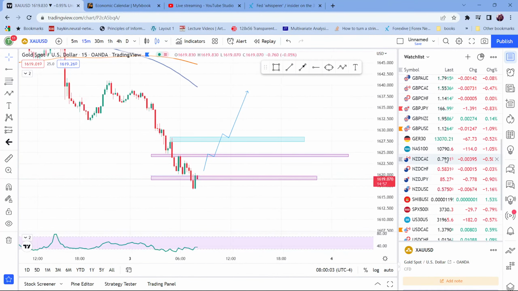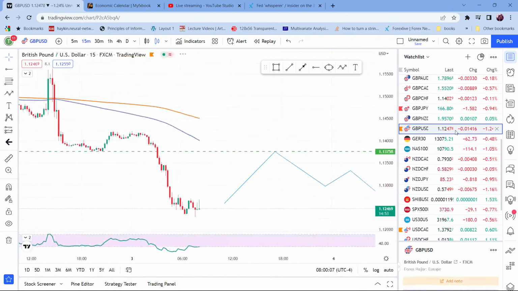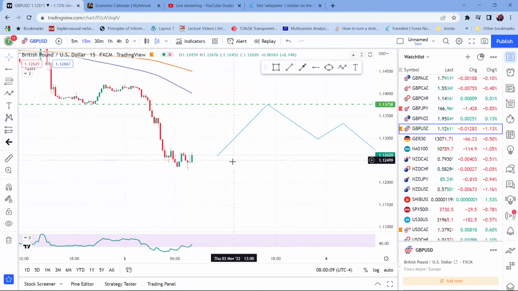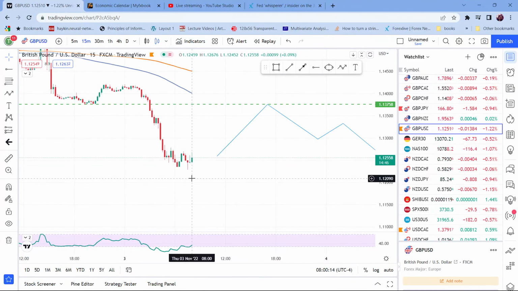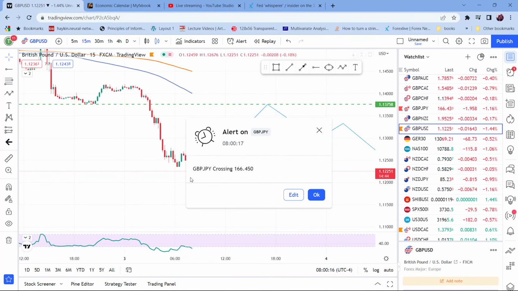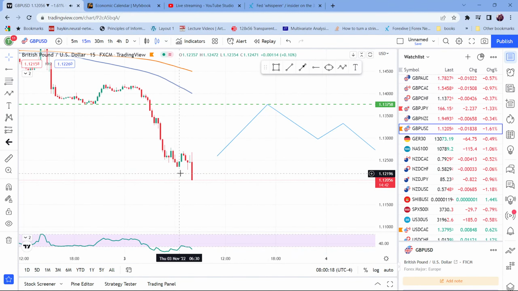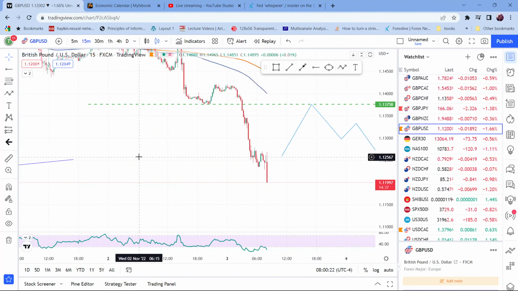All right, so interest rates came out for the GBP. Let's see. Okay, so price pushed down. Not much happening. Price starting to push down, so we see price continue with that downward movement, right?